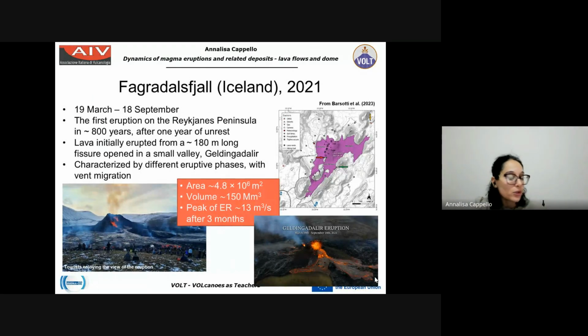So another eruption is the, sorry for my pronunciation, Fagradalsfjall in Iceland in 2021. It was a very important eruption because it followed more than 1 year of earthquake activity and inflation deflation periods.